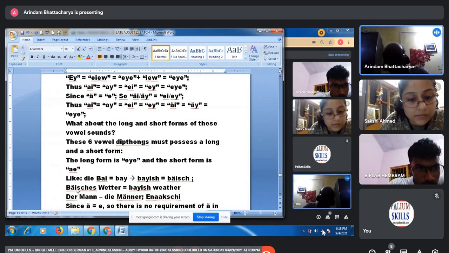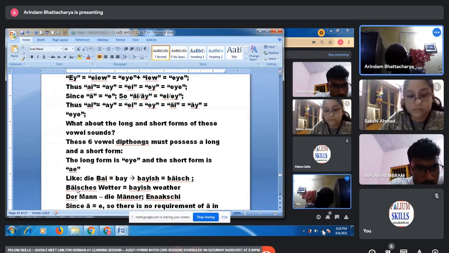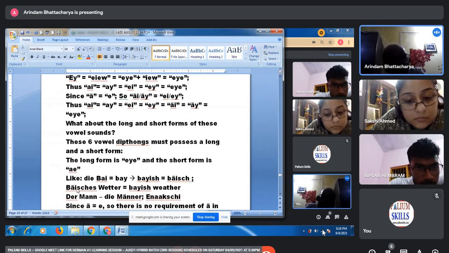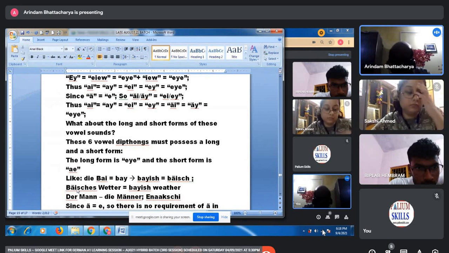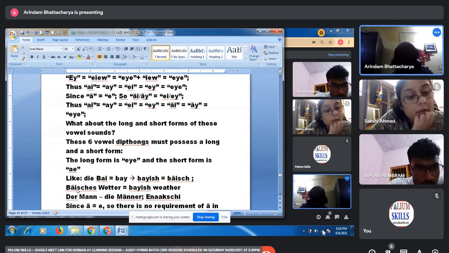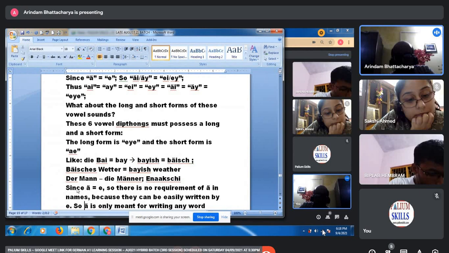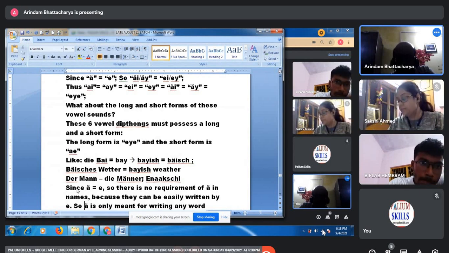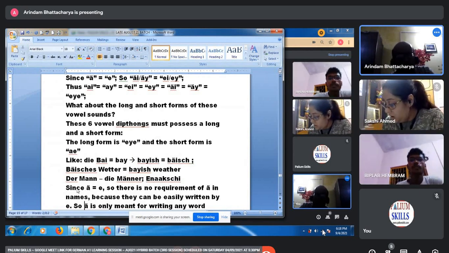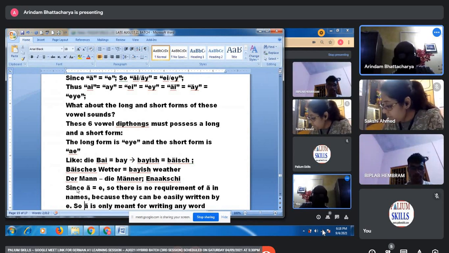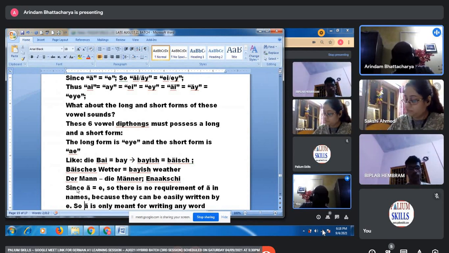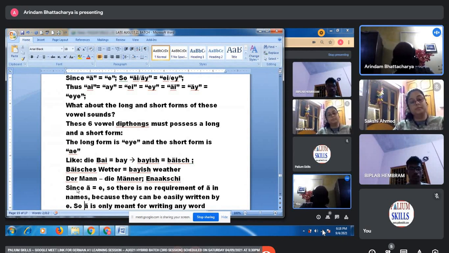Is it so? Had this umlaut been replaced by a only, then you would have got the same pronunciation over there. So this is the advent of the first diphthong. Okay. Now, of course, long over here, baishes is long.